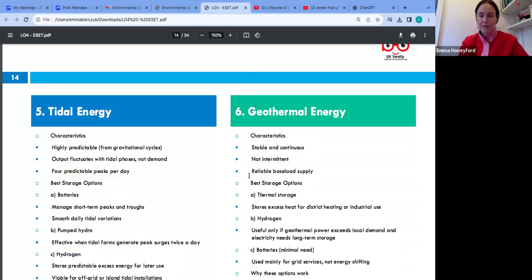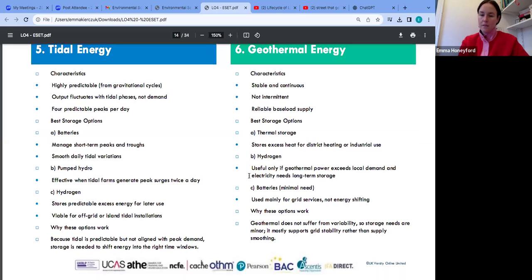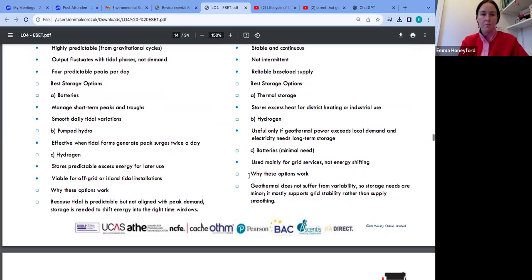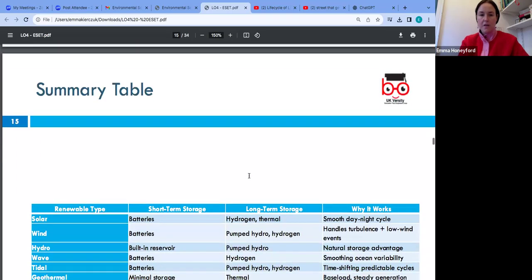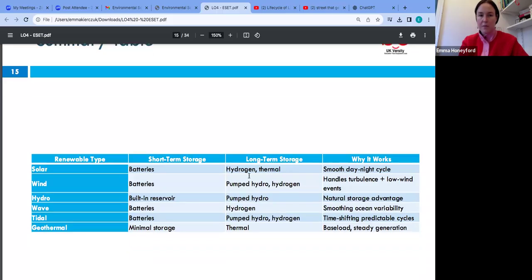So there's the science, the problem with storage, and what the grid management looks like for each of those renewable energies. So here, I'm not going to go through every one of those. Here is a summary table of all the different renewable types of energy.